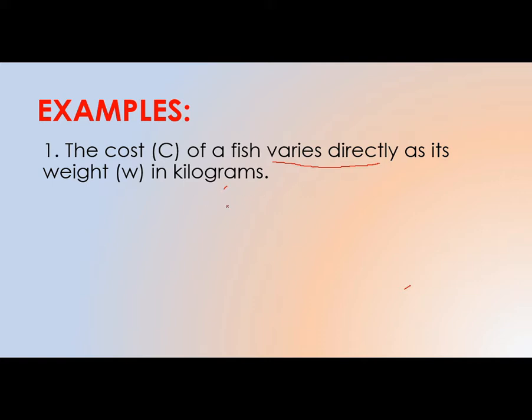So the given is C, which is the cost of fish, varies directly as the weight in kilograms. Okay? So the more fish you buy, say in kilogram, the more it costs. You will pay more, of course.